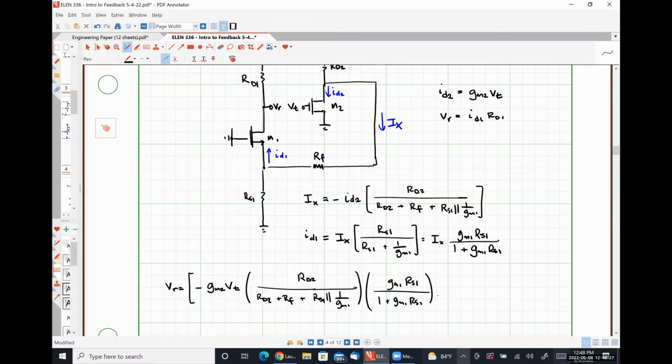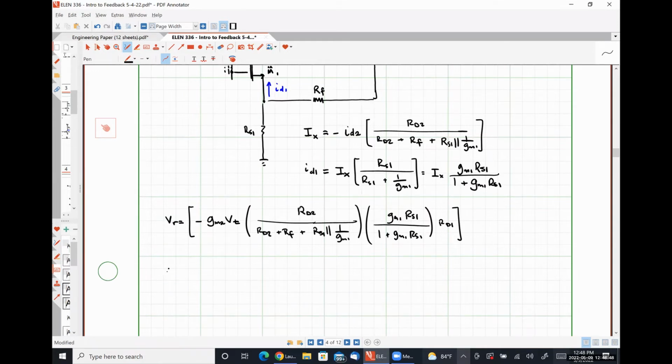So I have negative ID2 times RD2 over all of this stuff, which makes ID1, this bit right here. Okay, so I'm missing an RD1.